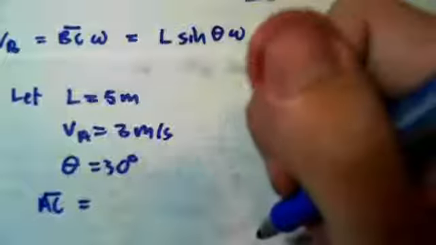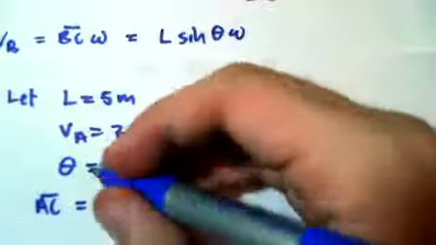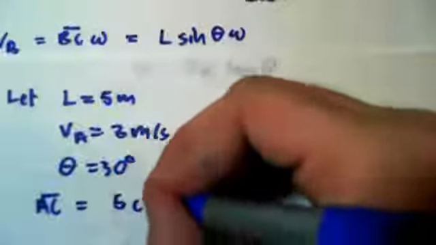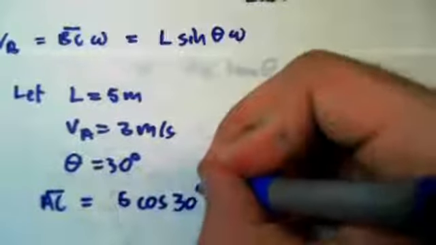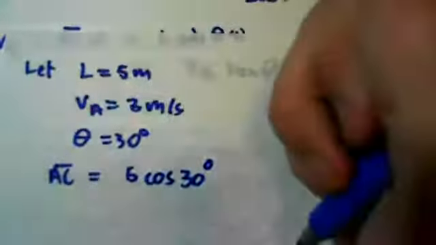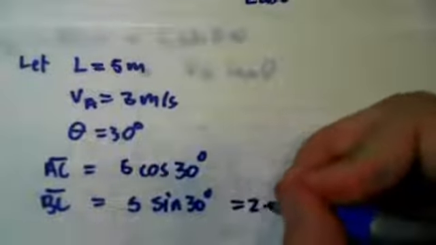Okay, so first of all, we'll find our different lengths. AC, we found before, was L cosine theta, so that is 5 cosine 30 degrees, and we'll leave that in terms of that 30 degrees. And our BC term is 5 sine 30 degrees. And we know that sine 30 is equal to half, so this is 2.5 meters.